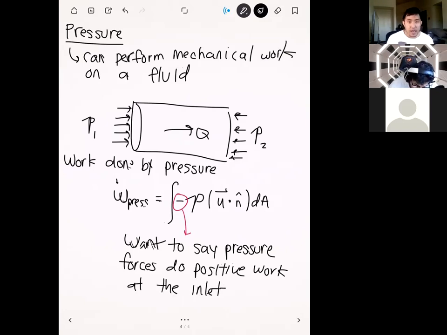And since we know that the carrying velocity is negative at the inlets, in order to cancel out that negative, we have to add an additional negative over here. So it's just a sign convention thing. And just to be consistent with our definition of work, we put positive work that causes motion in that direction. So this negative here is to cancel out the sign convention from the carrying velocity. Okay. Any questions on this?